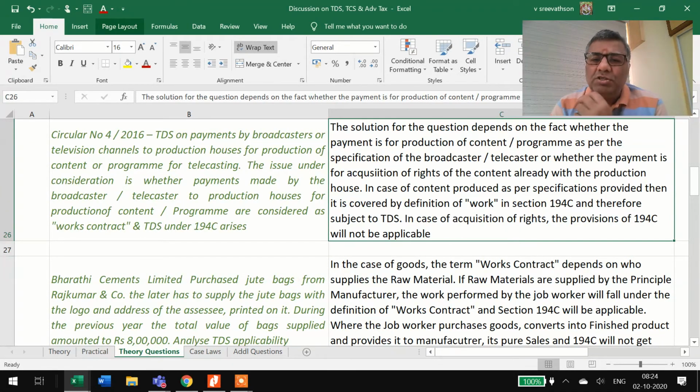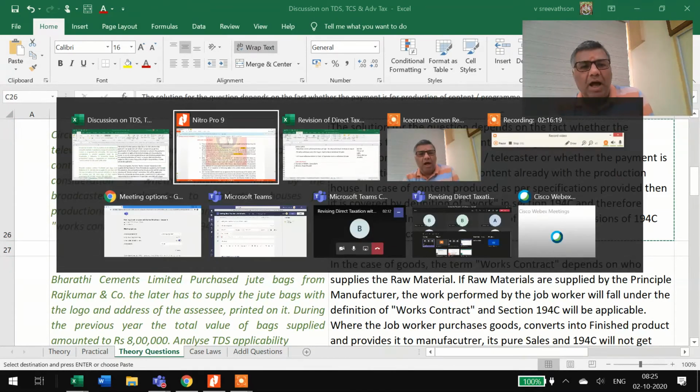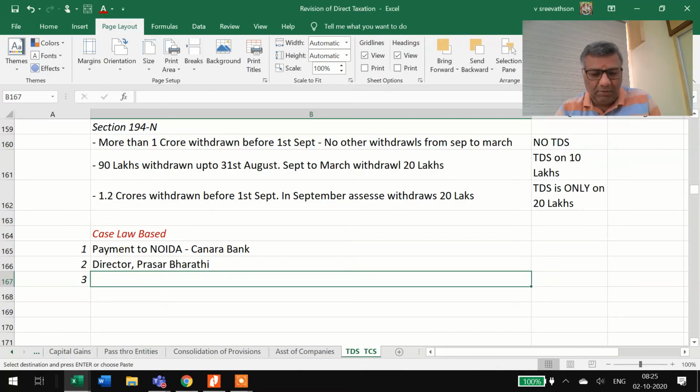In case of content produced as per the specification provided, it is covered under works contract, 194C. Therefore, subject to 194C. Supply of raw material, supply only, you give the job work. In case of acquisition, the provisions of 194C will not be applicable. I pasted directly.